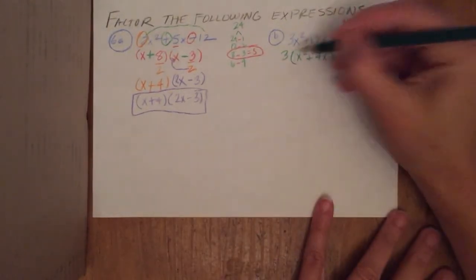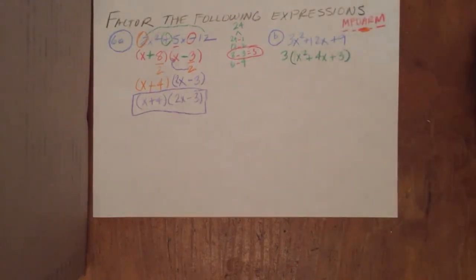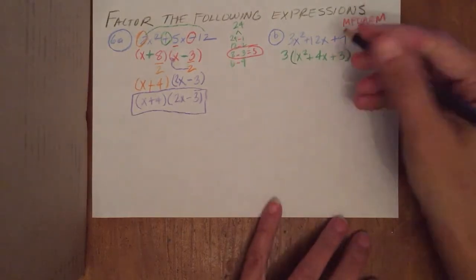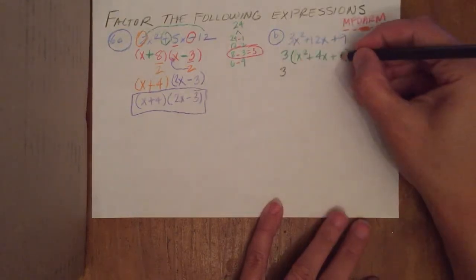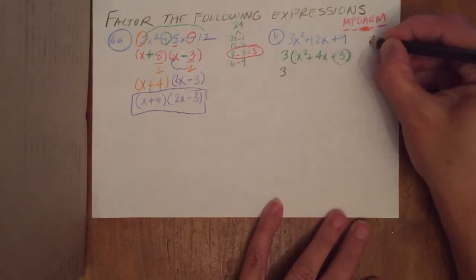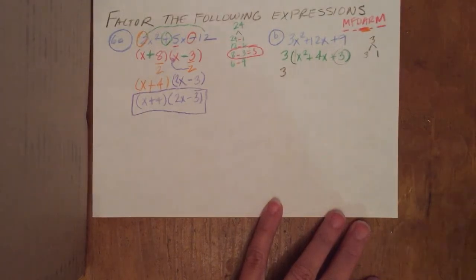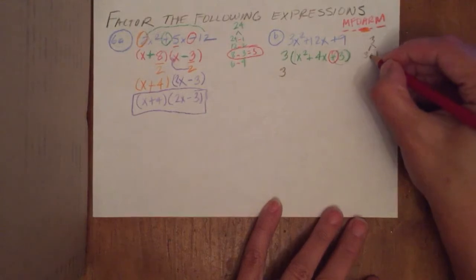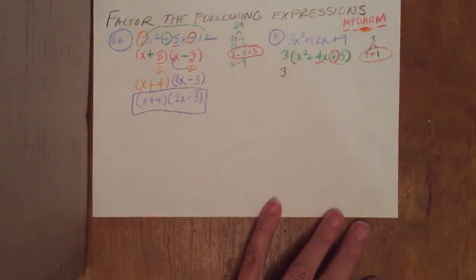Now my A term is 1, so I can skip a lot of these steps. So let's look at what's on the inside. Leave the 3 out there. The 3 stays here. I'm going to factor this 3, which is obviously 3 and 1. And I'm looking for two factors of 3 that add to 4. And there they are, 3 and 1.